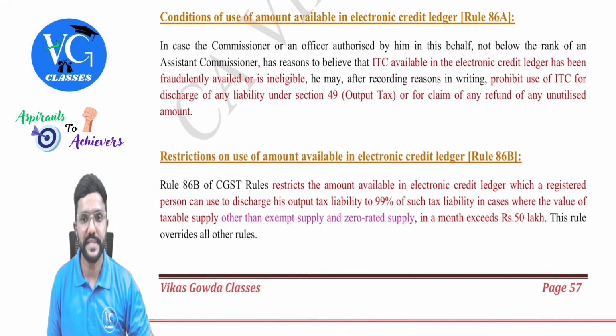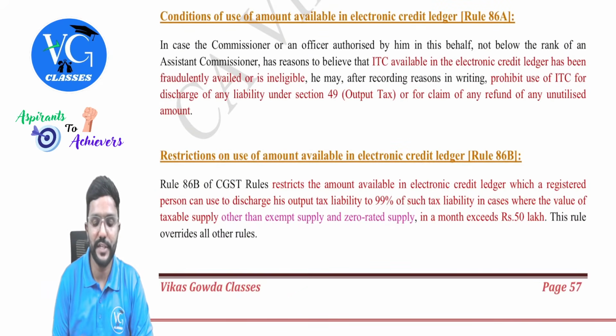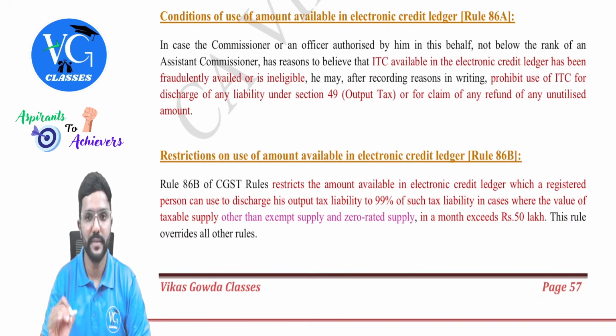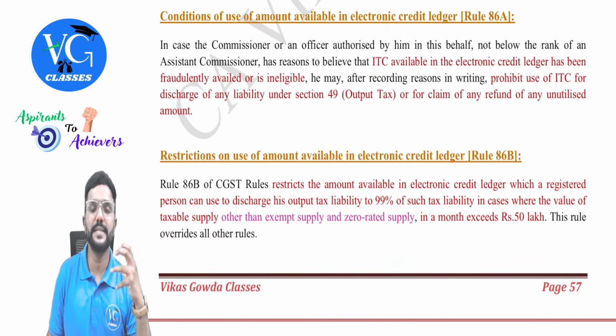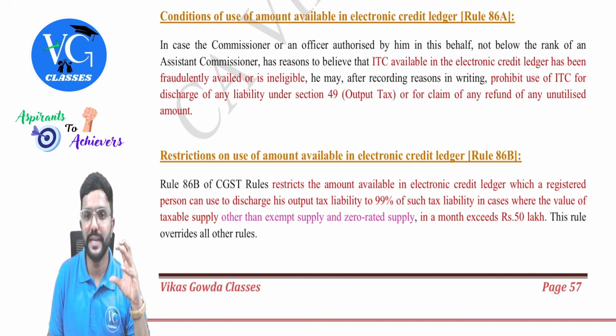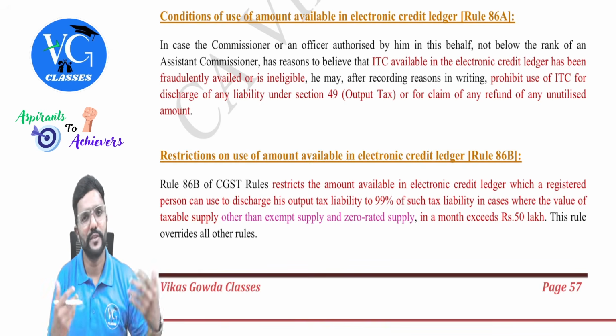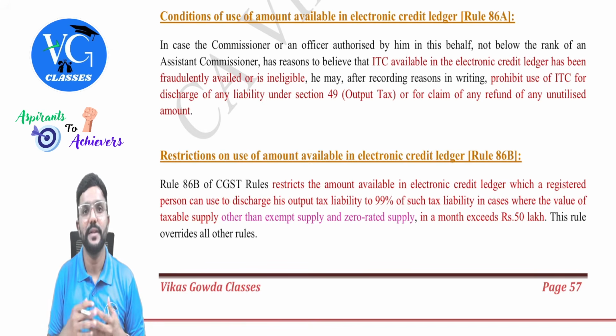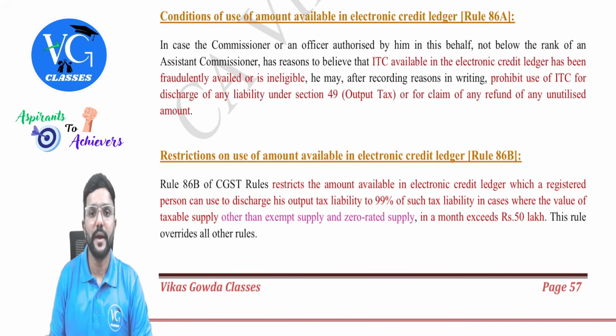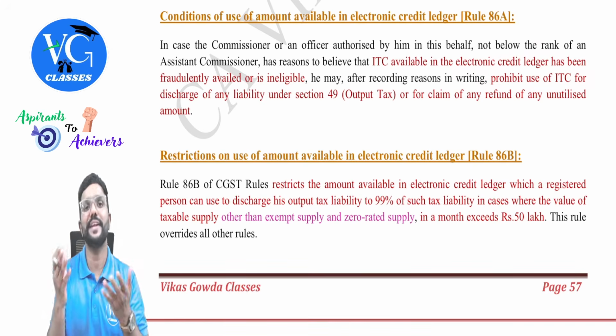Rule 86A. In case the commissioner or an officer authorized by him in this behalf, not below the rank of an assistant commissioner, has reasons to believe that ITC available in the electronic credit ledger has been fraudulently availed, or the person is ineligible for it but still has availed it, maybe because of bogus purchases or fake bills or fake invoices, he may, after recording the reasons in writing, prohibit the use of ITC, even though it is appearing in my credit ledger.